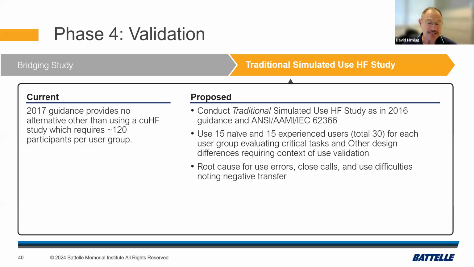Standard sample size, we would recommend, remember, we're looking at two contexts of use here, right? We have the RLD naive. We would recommend 15 users because we're evaluating for safe and effective use. For RLD experienced users, once again, 15 users, and we're evaluating for safe, effective, and substitutable use.